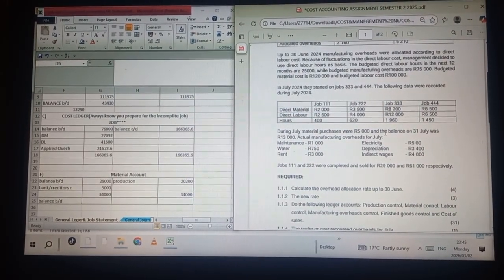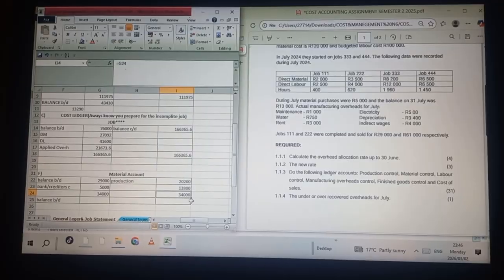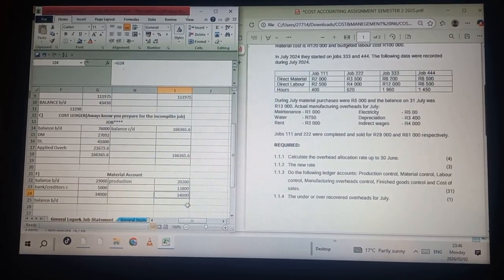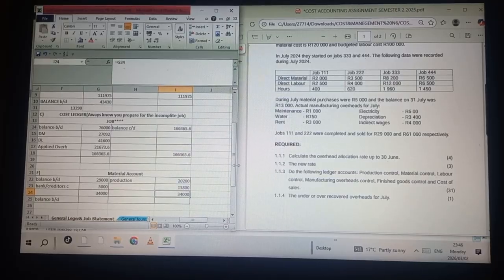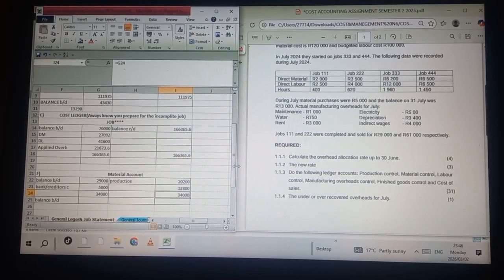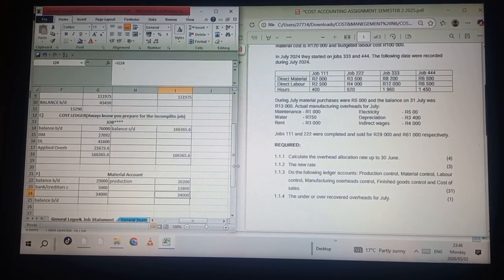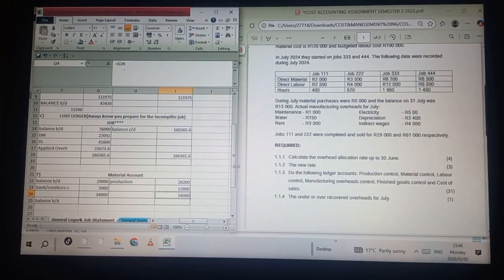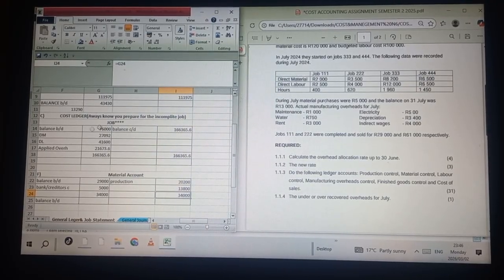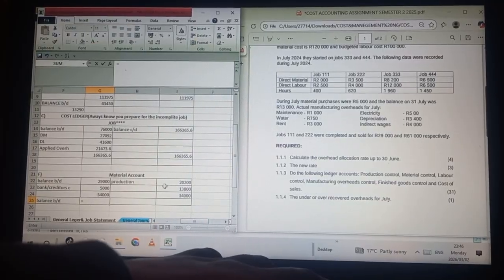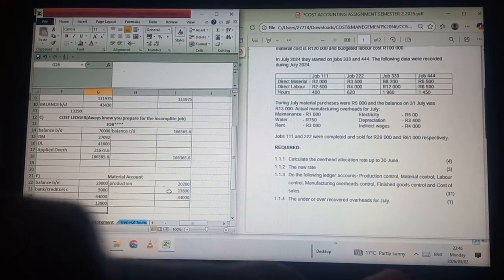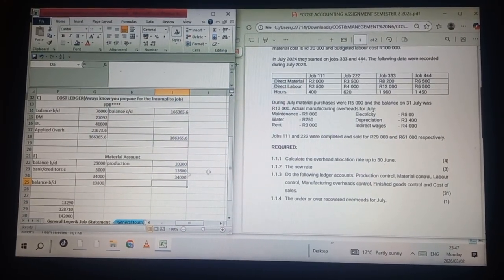So they give us our closing balance according to the information that was given. Our closing balance is 13,800, not 13,000. So unless they forgot to give us indirect material, I would say. But in this case, this is what we have. 13,800. This is how you deal with your material control account.